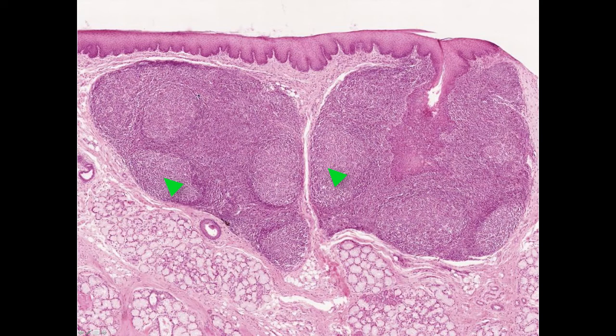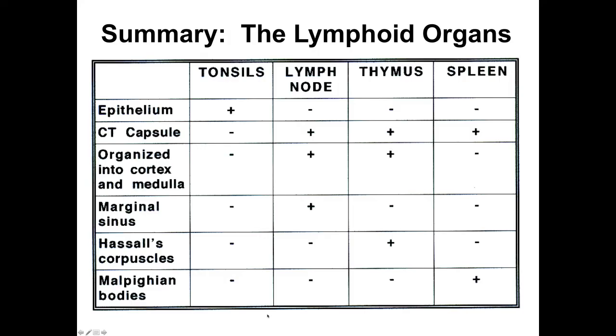So be careful. This is not a lymph node because the entire organ is not encapsulated by connective tissue. One surface has an associated epithelium. Here are some of the minor salivary glands that you find in the oral cavity. We'll talk about these structures later in the course.